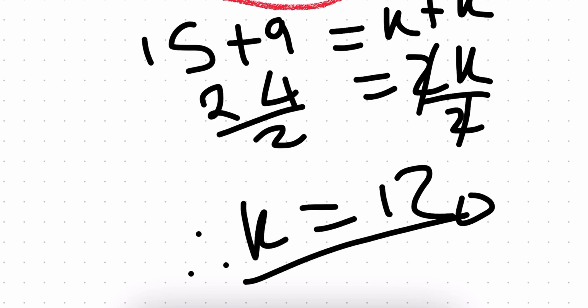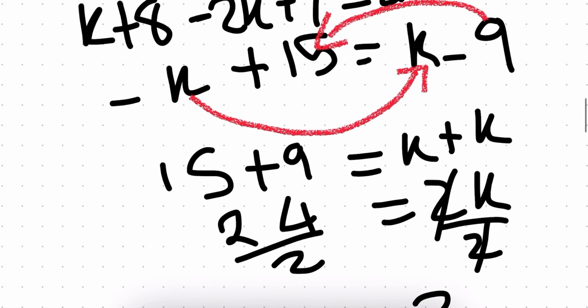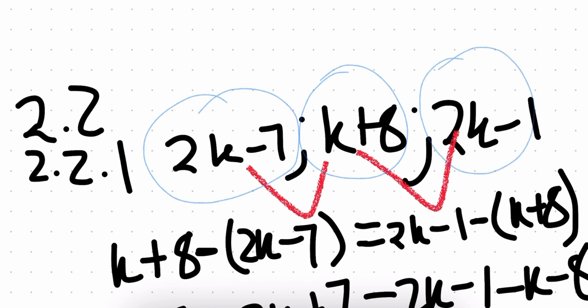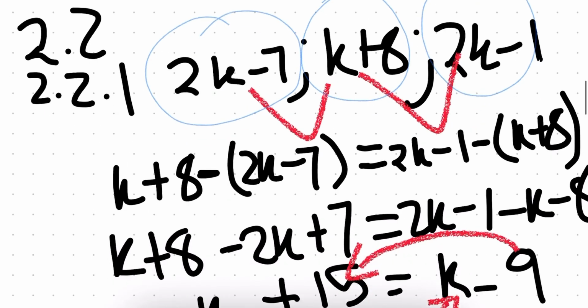Are you done solving the problem? No, you're not. Go back to the original. The main reason you determined k is because you wanted to eliminate these guys and plug in, and only have numbers there. So your value of k is 12. Wherever there is k, you plug in 12. So the first term, I'll just plug in the calculator now.